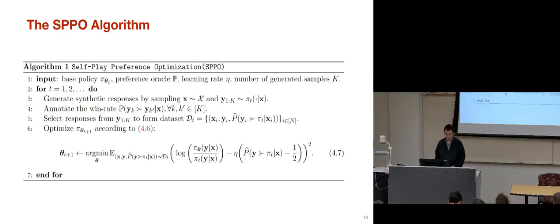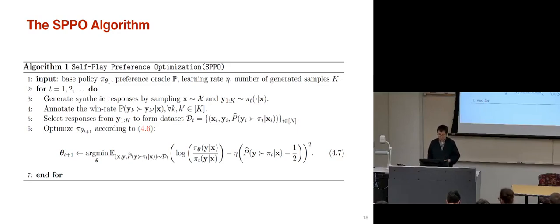So the algorithm is iterative. In each iteration, we first use the previous model to generate a lot of responses, y1 to yk, for each prompt x. And then we use some pairwise reward model to calculate the comparison probability between any two responses yk and yk prime. And then we just average this probability over yk prime to get an estimate of the probability of yk being preferred over the policy pi t.